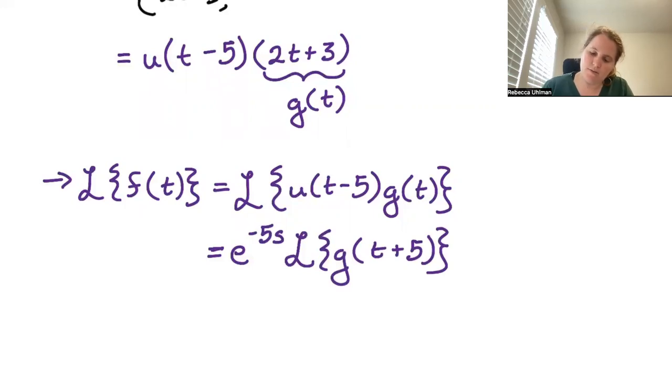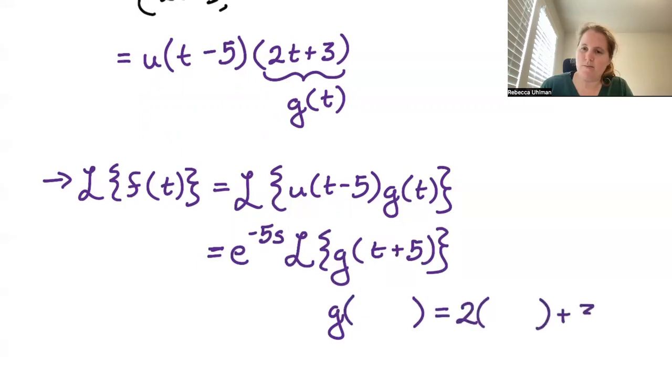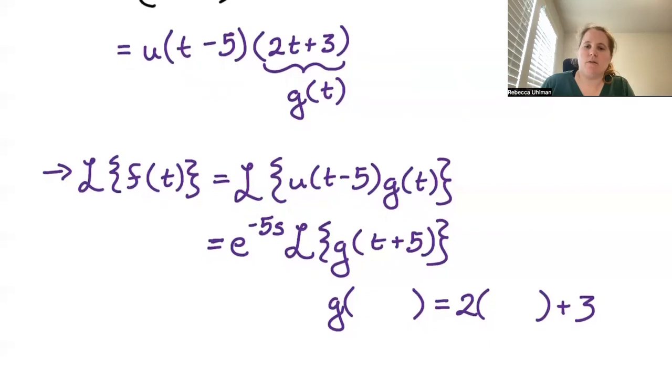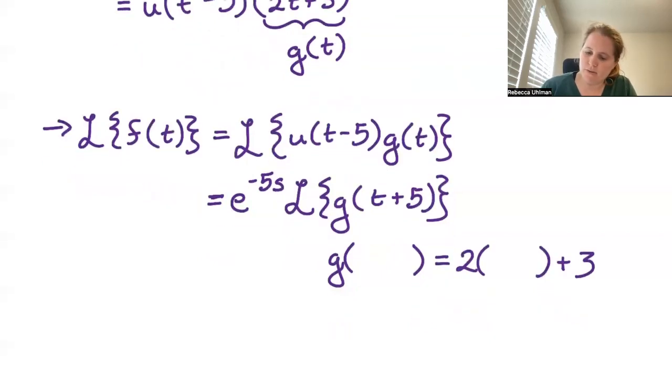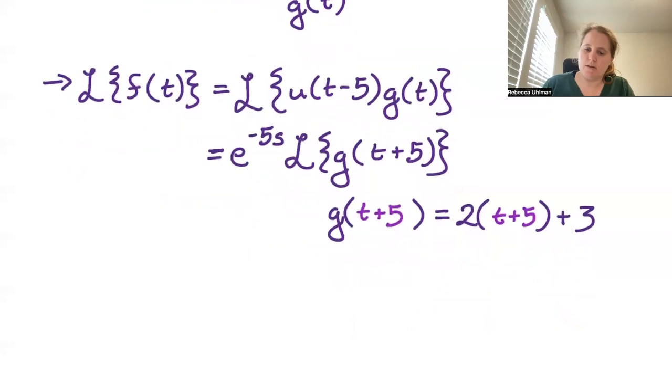Well, g of whatever was equal to 2 times that thing plus 3. So g of t plus 5 should be equal to 2 times, in parentheses, t plus 5, close the parentheses, and then plus 3. So we have that g of t plus 5 is equal to 2t plus 13.